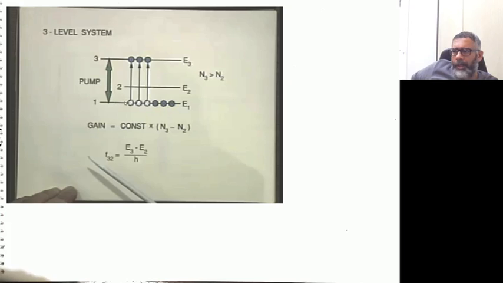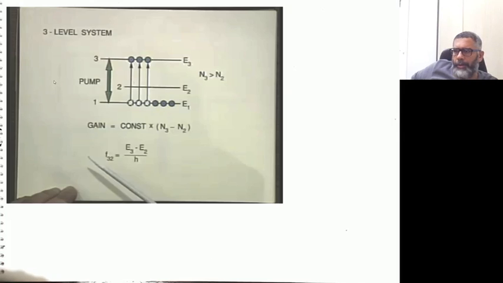So you give a larger energy, larger than the difference E2 minus E1. In fact, you give just energy equal to the difference between E3 and E1. In that case, you pump the ground state electrons to the third energy level.